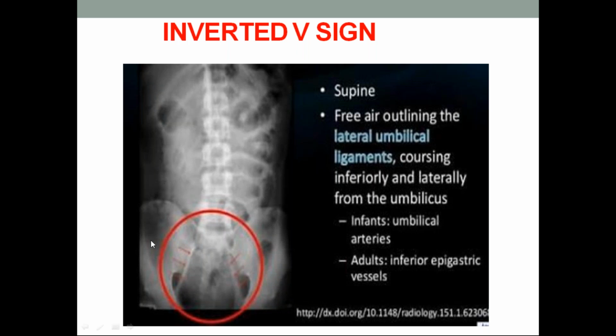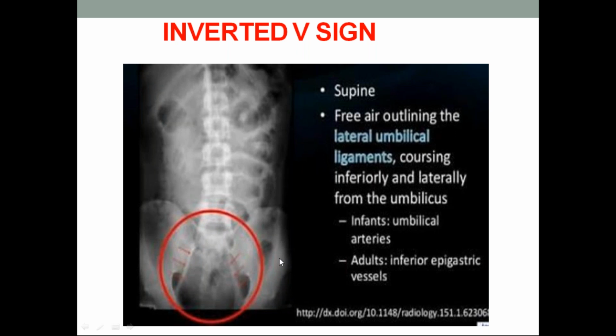This is the radiograph we have to take in supine position, and we will demonstrate free air outlining the lateral umbilical ligaments. You will see here, this is the free air, coursing inferiorly and laterally from the umbilicus, on both sides.